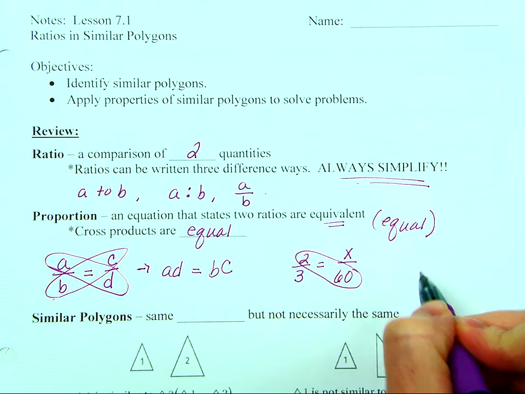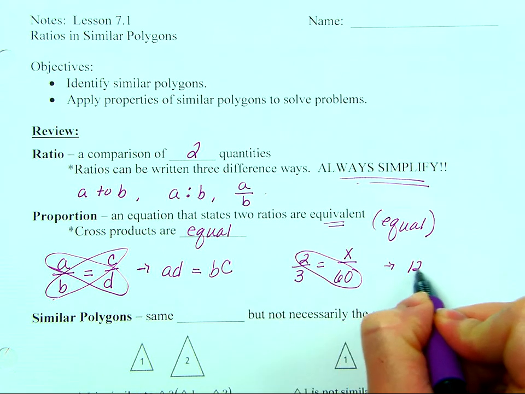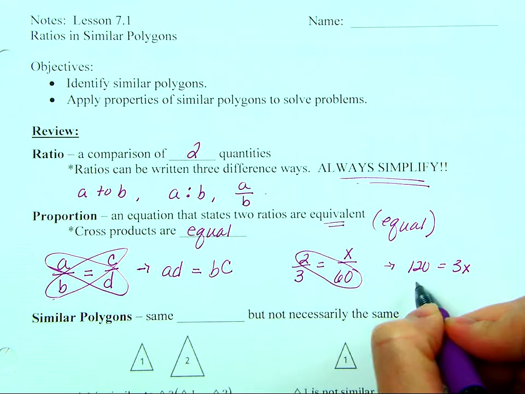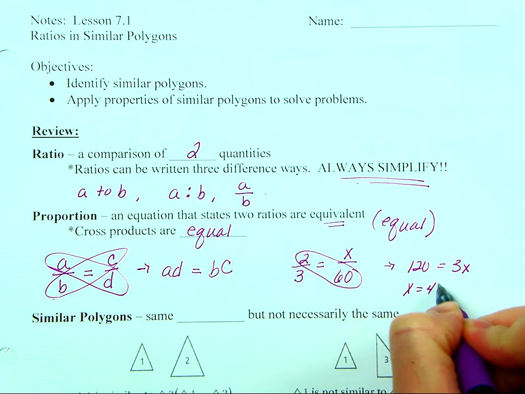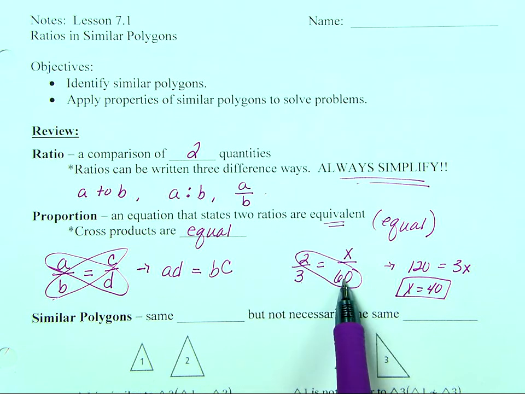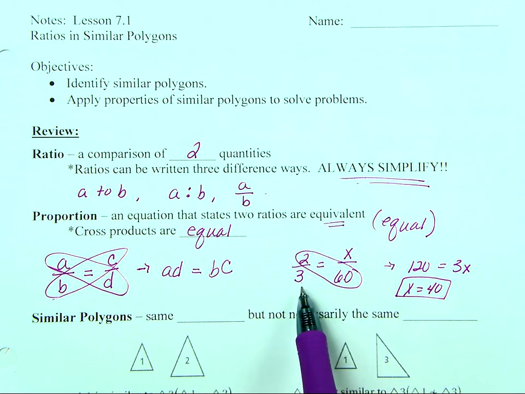If I know this is 120, that's going to be equal to 3 times x, and we would find out, well, x would have to be 40. Here, knowing 3 to 60, I also know that I would be multiplying by 20, and so I have to take 2 times 20 to find that x value.